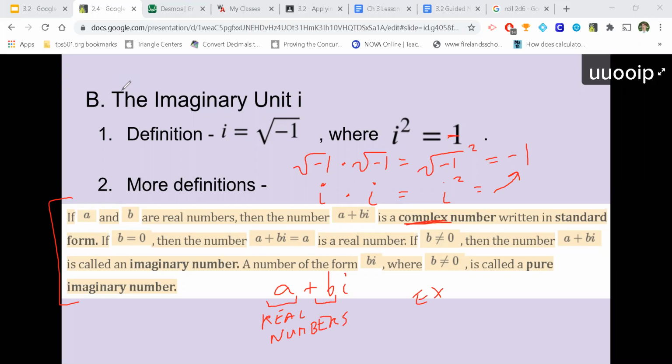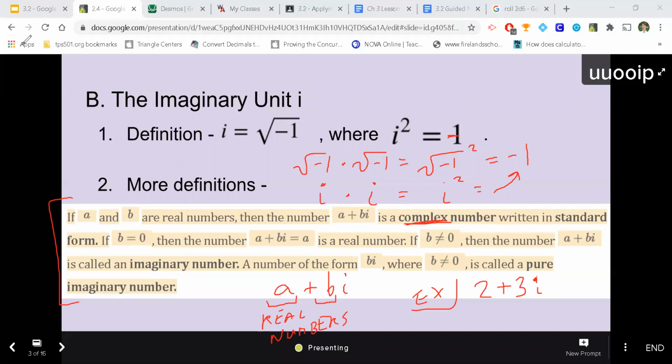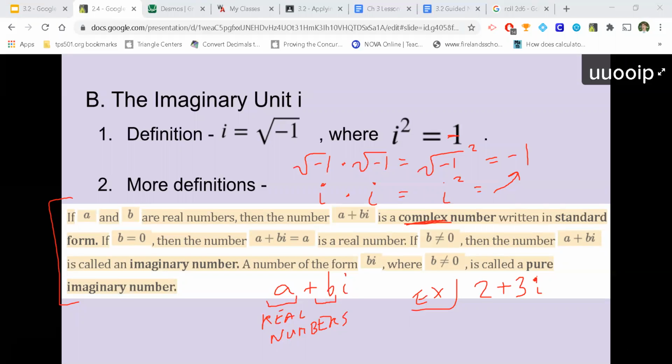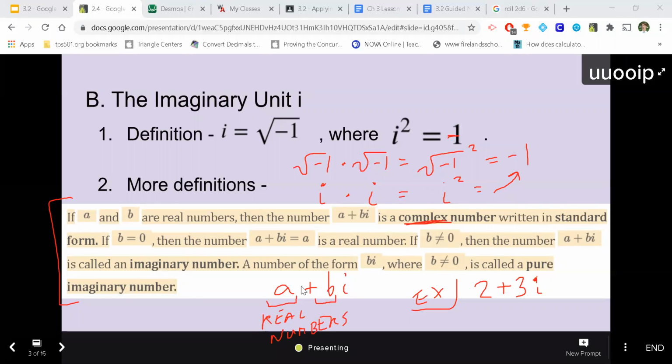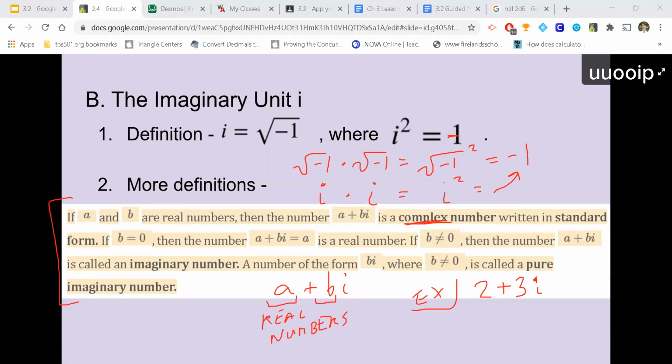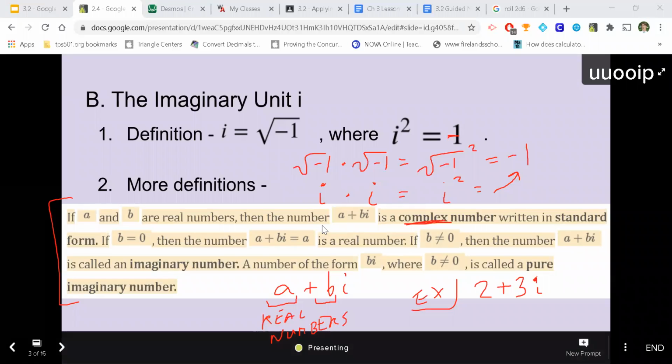So for example, 2 + 3i is a complex number, where 2 is the real part and 3i is the imaginary part. Does that make sense?